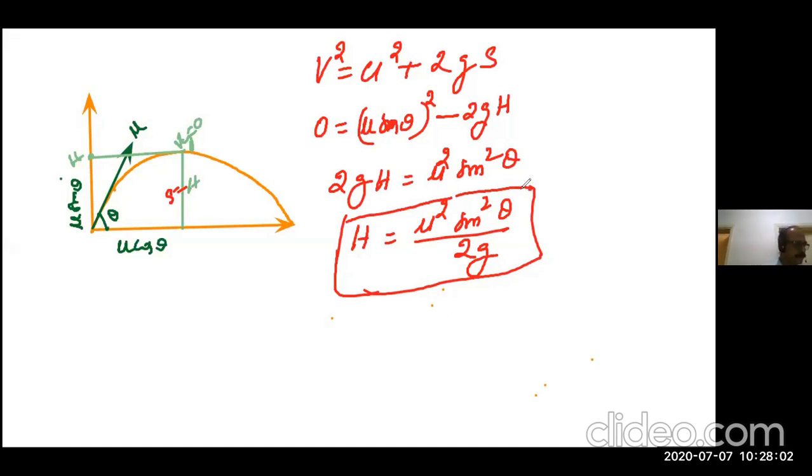Projected at an angle with the horizontal x-axis, at maximum height its vertical velocity is 0.